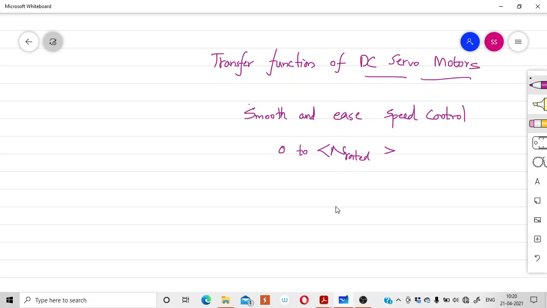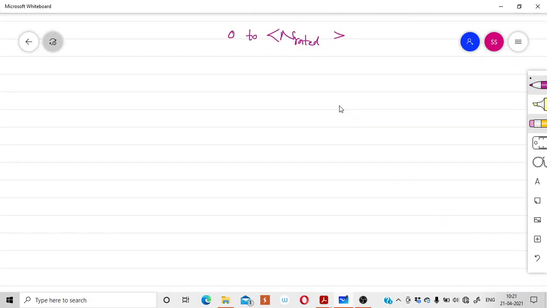So in our lab we have the DC shunt motor, that is, we are using the DC shunt motor as a DC servo motor.